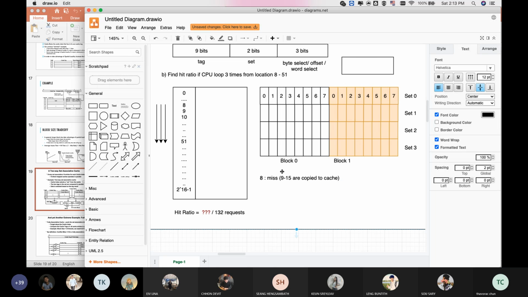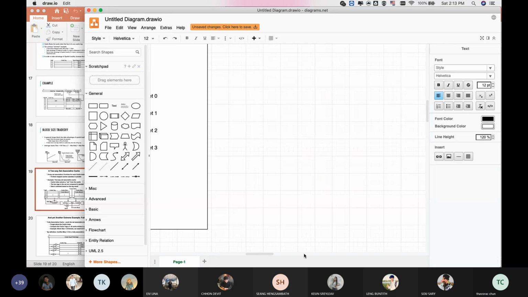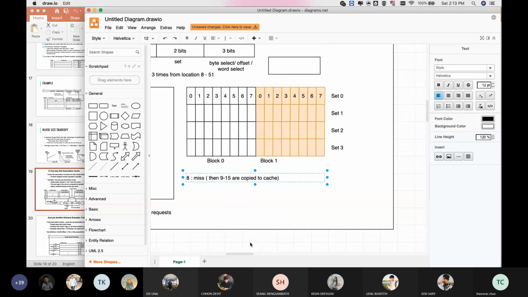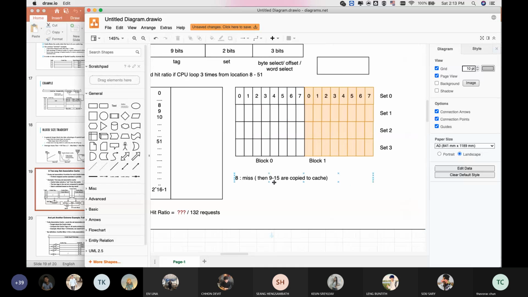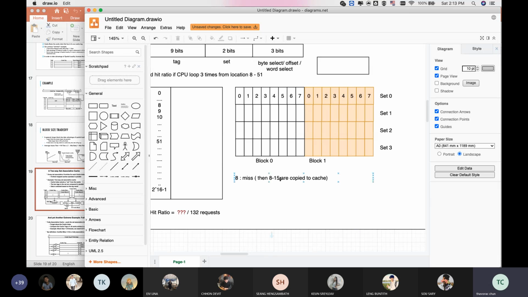Okay, like this, done. Actually, it's not just 9, but 8 as well. And why 8 to 15?